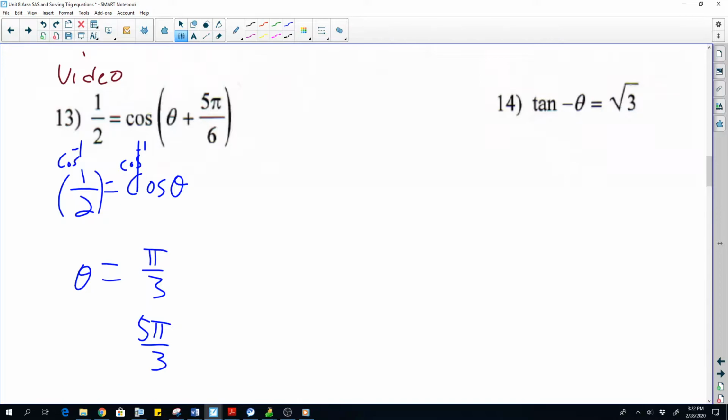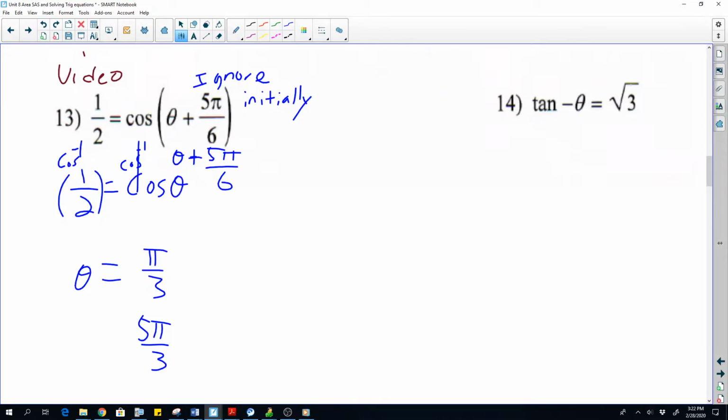Cool. So now we're going to deal with our original part, and that was, we didn't just have theta, we had theta plus 5 pi over 6, right? So we initially just ignored that. So ignore initially. And then we have to go ahead and deal with the plus 5 pi over 6.